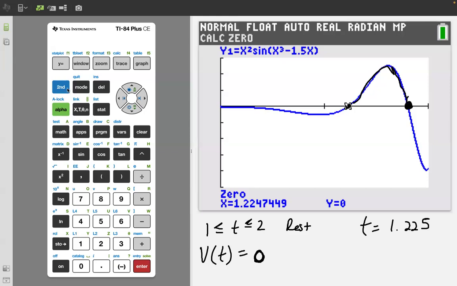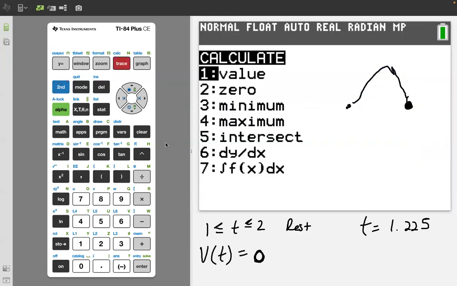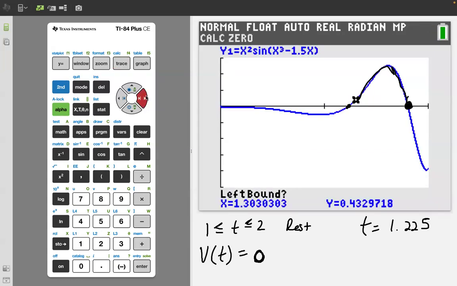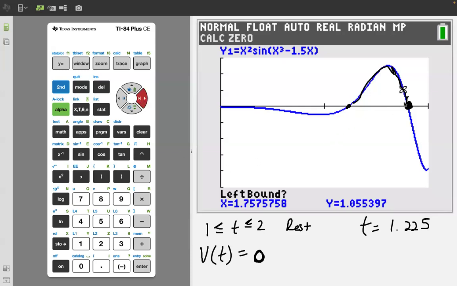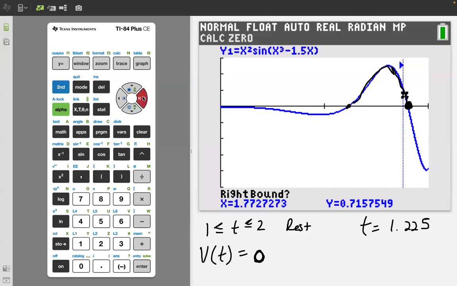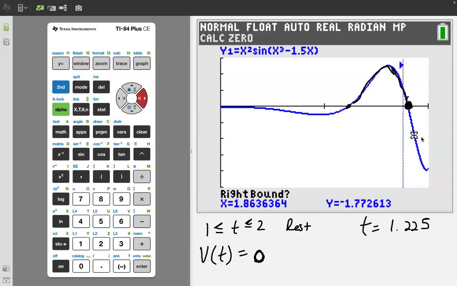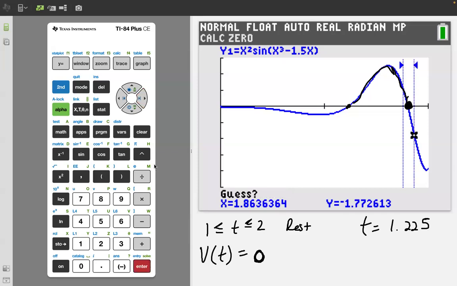So we'll repeat. Second trace 0, which is option 2. Move the blinker over. Okay, left bound is to the left of where it crosses the x-axis. Enter. Right bound, move the cursor to the right of where it crosses the x-axis. Enter. And guess, we'll put it right on target.